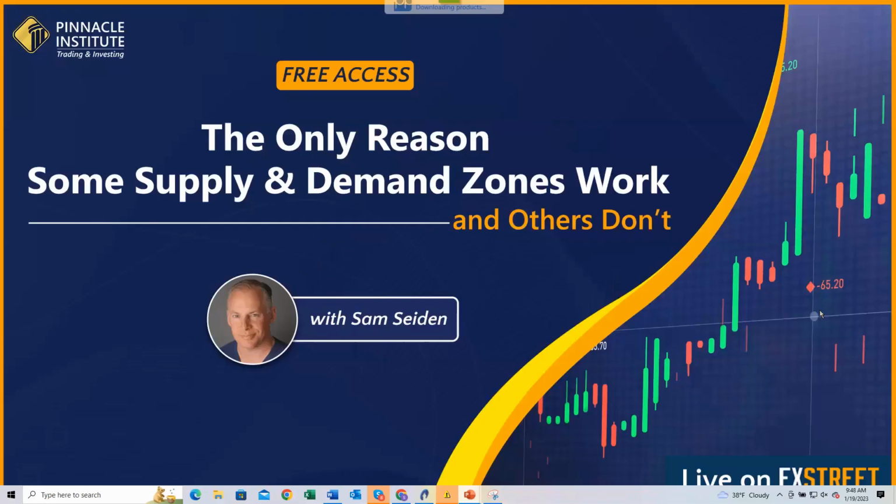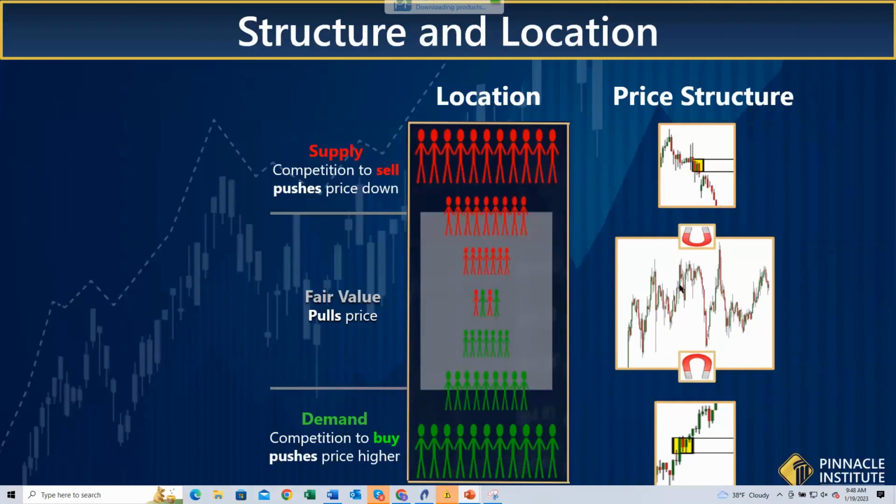So to make sure we're all clear on today's topic, why do some supply demand zones work and others don't? The number one reason is location: buying and selling inside fair value where there's a lack of a significant supply demand imbalance. Everything starts there.